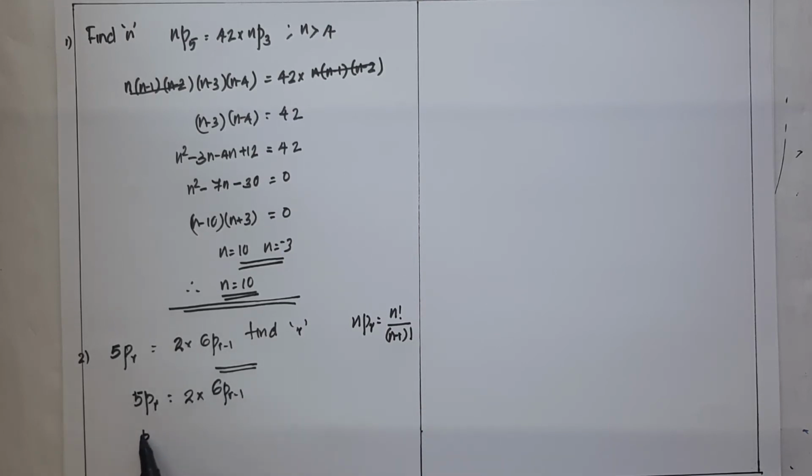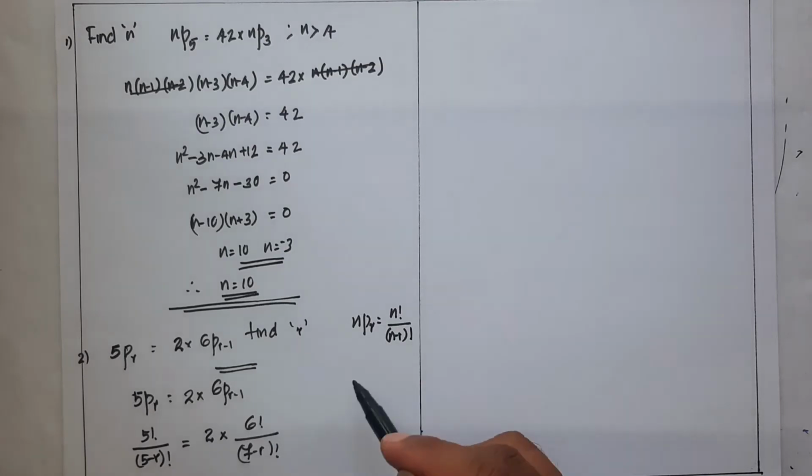By the 5Pr definition, 5 factorial by 5 minus r factorial is equal to 2 into 6 factorial by 6 minus (r minus 1), that is 6 minus r plus 1, that is 7 minus r factorial.